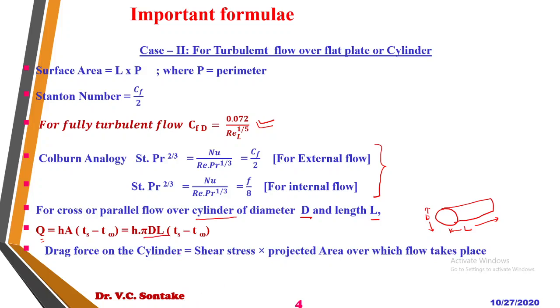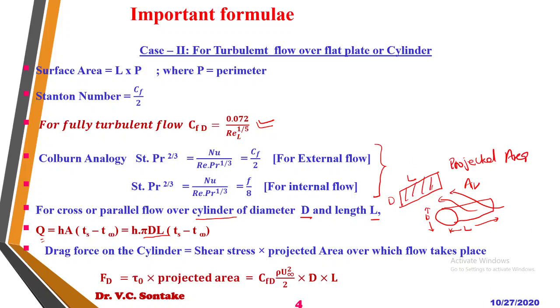And drag force on the cylinder can be calculated as shear stress into projected area over which flow takes place. If a fluid flow is taking place over this, I want to calculate the area. So the projected area for this cylinder will be this, d into L. And it can be given as drag force is equal to tau 0, shear stress into projected area.